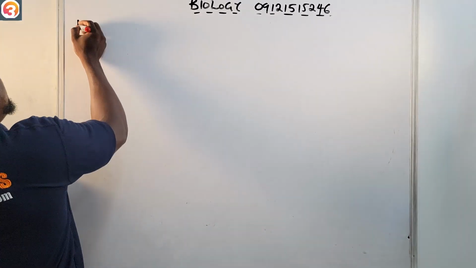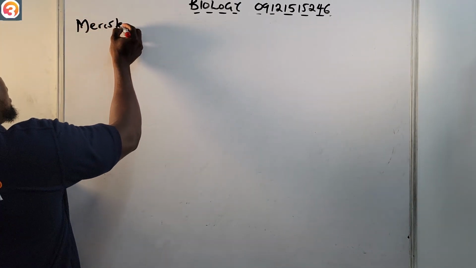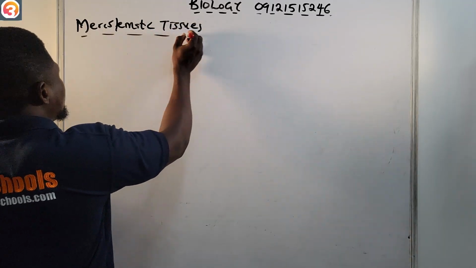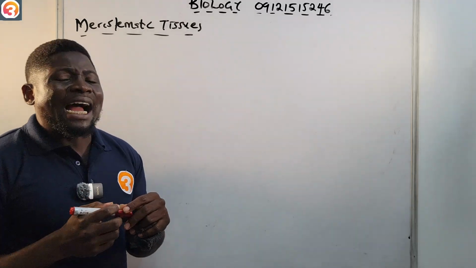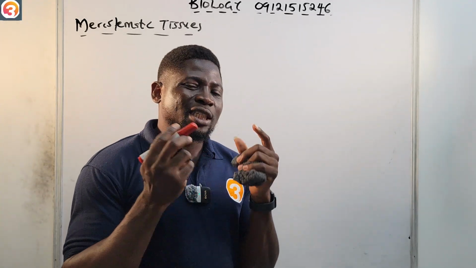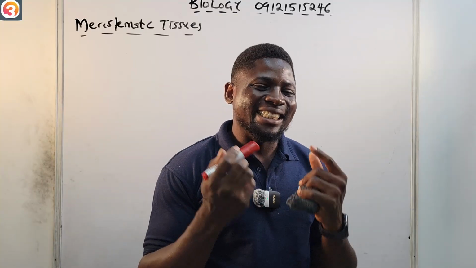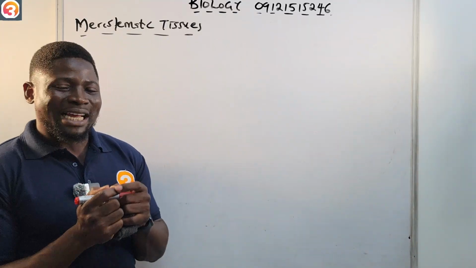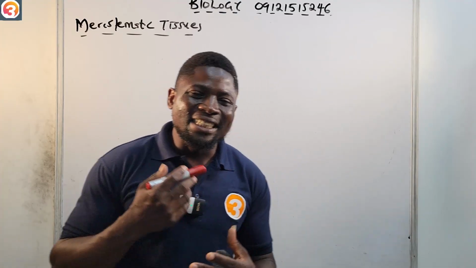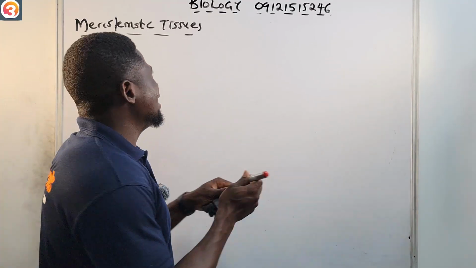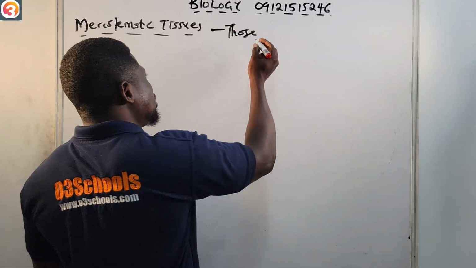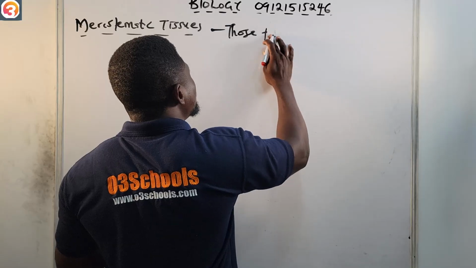So we're looking at meristematic tissues. Now, what are meristematic tissues? Meristematic tissues are those tissues that keep on dividing.